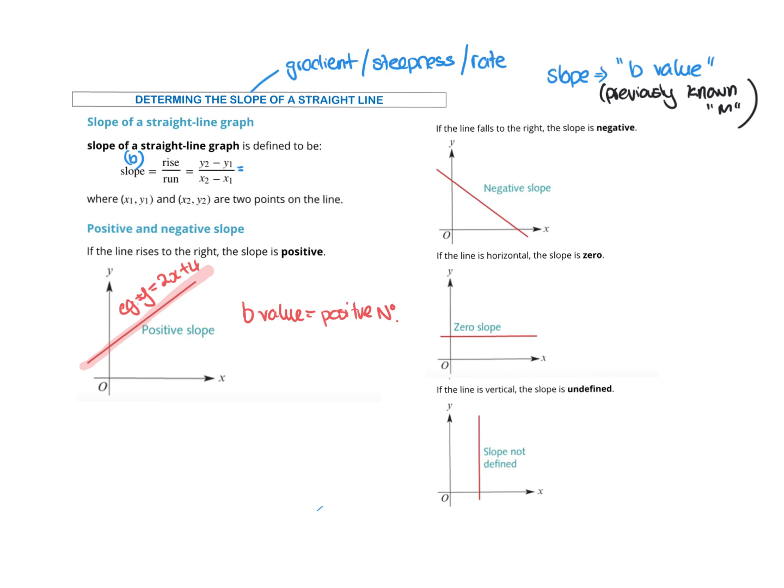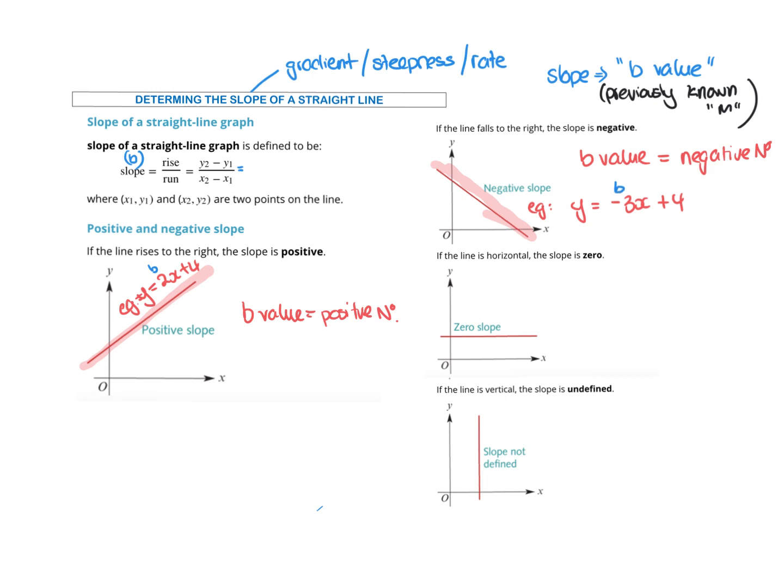You can see this number here is the B, so it's a positive number. When you've got the slope going downwards, a negative slope, the B value equals a negative number. For example, y equals negative 3x plus 4. You can see this B value here is a negative number.